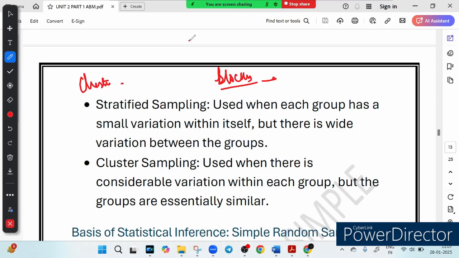In both methods the entire population is divided into groups, but in cluster sampling there is no variation between group A and group B, while inside each group there is variation. I hope this makes the concept clear. Now, if your goal is to get a precise and representative sample without spending a fortune, cluster sampling is your answer.